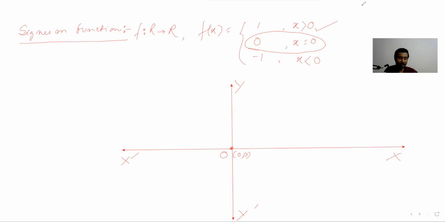Is it clear? Sometimes you may think that x will start from 0.1, but this is not true. Why? Because between 0 and 0.1, we can insert infinitely many real numbers. That is, if I say x is a positive real number, it is not true that x will start from 0.1.